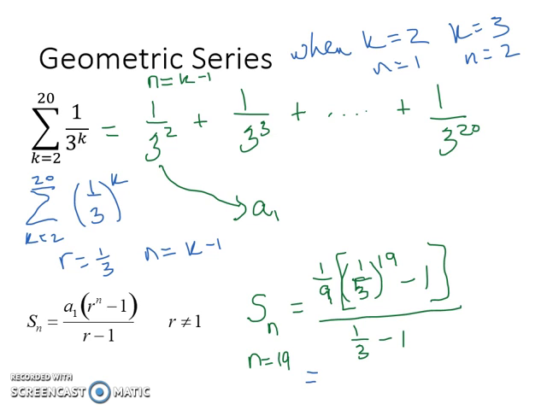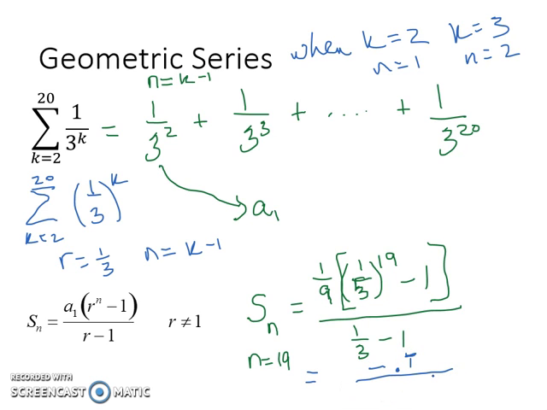1/3 to the 19th power minus 1. And then I'm going to multiply that by 1 divided by 9. I'm going to use parentheses to make sure that I get everything in the right place. So I have on my numerator -0.9 forever.